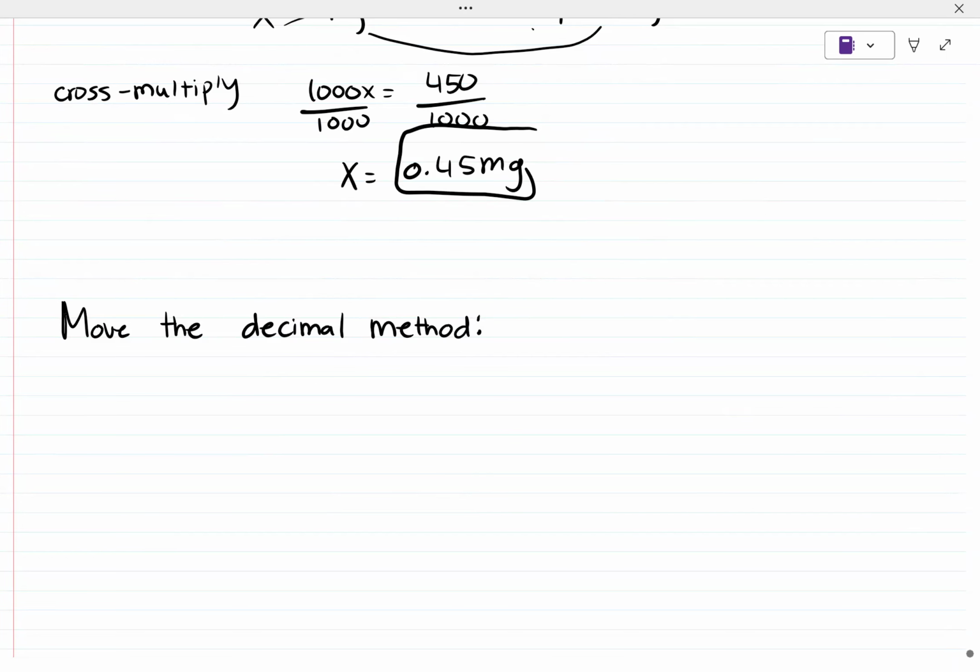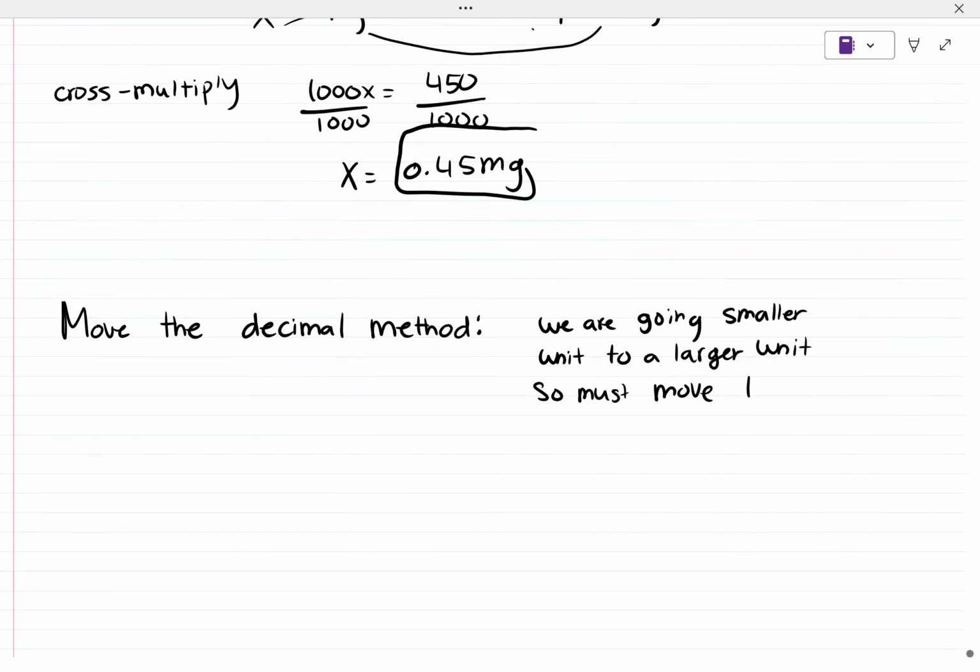So you must move the decimal 3 units to the left.